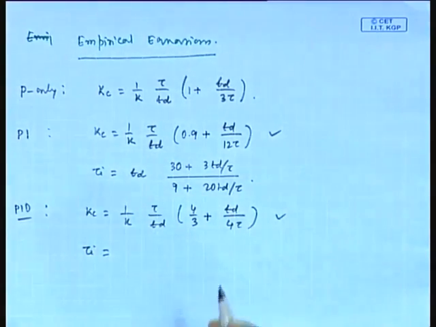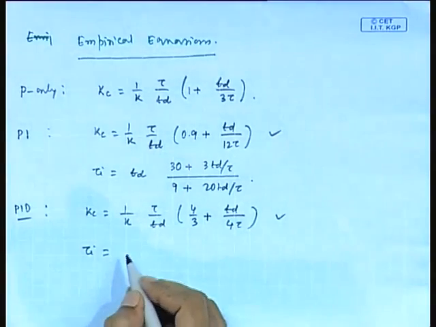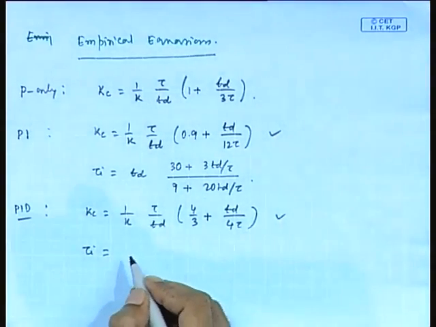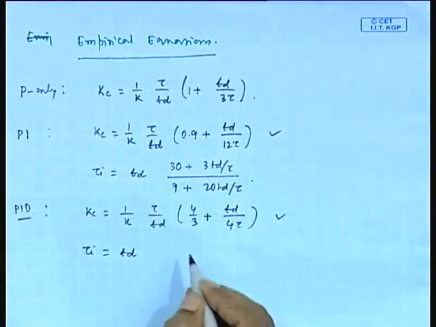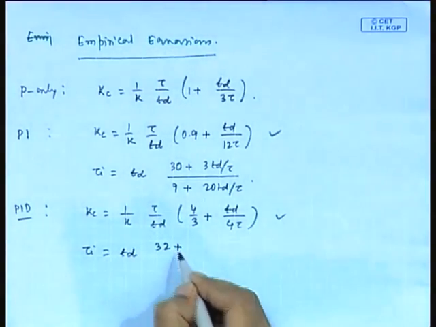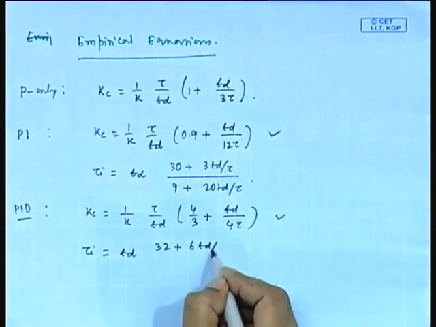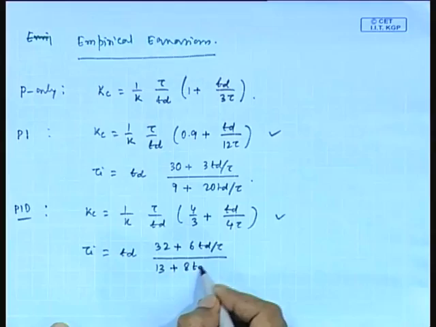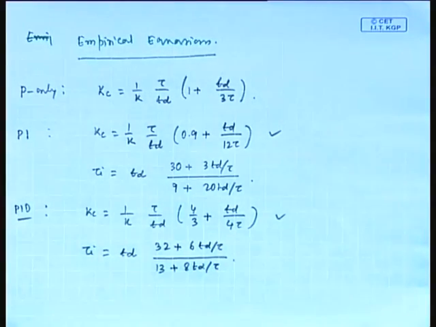For tau I the expression can be written as tau I equals Td (32 plus 6 Td divided by tau) divided by (13 plus 8 Td divided by tau).